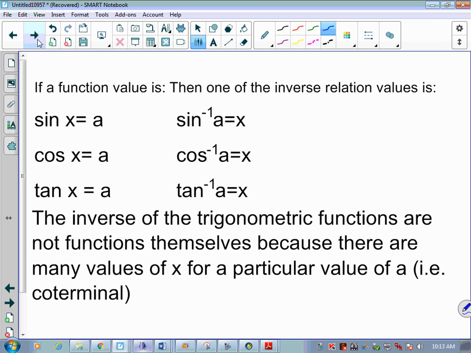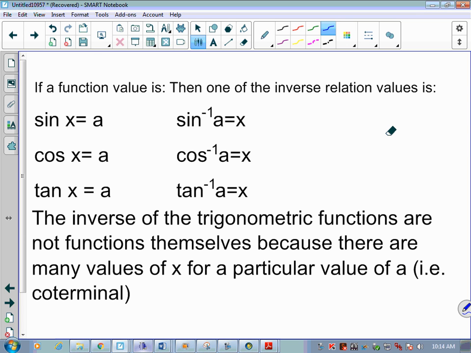If A is a function value, then one of the inverse relation values is as follows. If I have sine x equals A, then the inverse sine of A equals x, and it goes on down through there. You have a little table setup of this on page 476 that you can look at. There's also a box, which I didn't include in my slide notes, on inverse trigonometric functions, their domain and range.